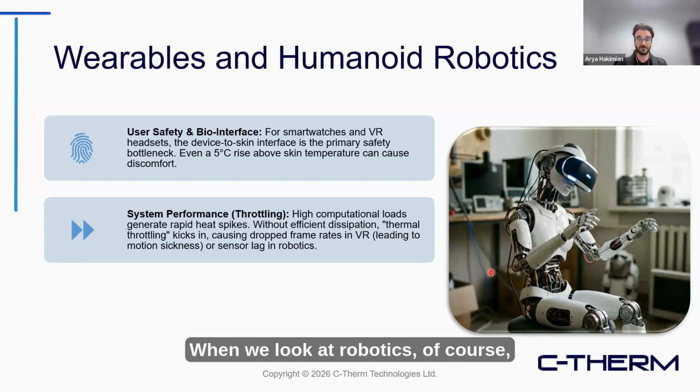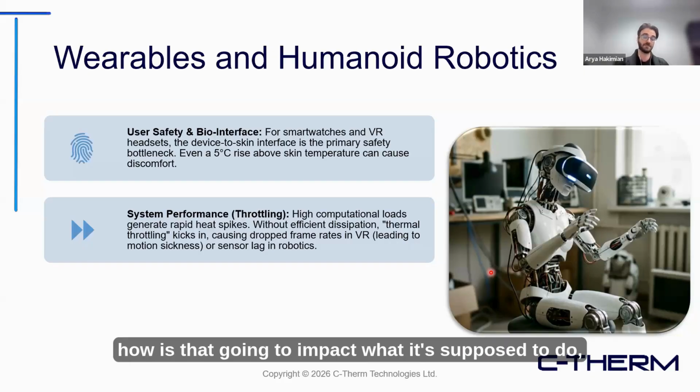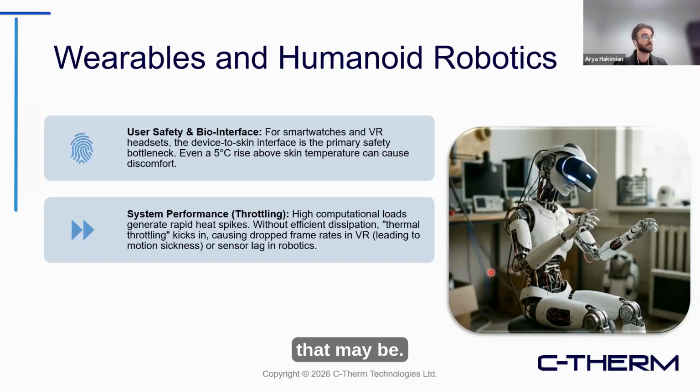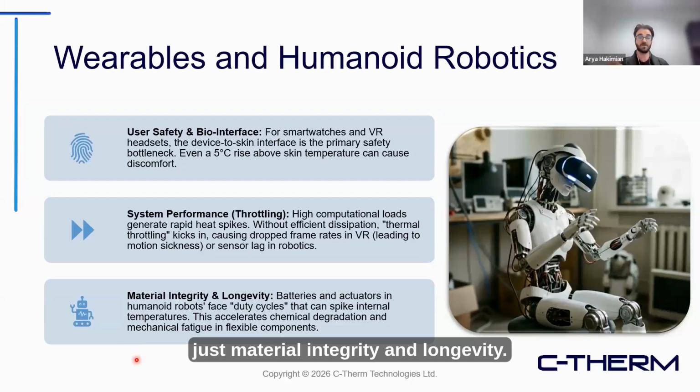When we look at robotics, if some of those components are overheating, how is that going to impact what the robot is supposed to do, whether it's an arm flexing back and forth or whatever that may be? And then another big part we'll be looking at is overall material integrity and longevity.